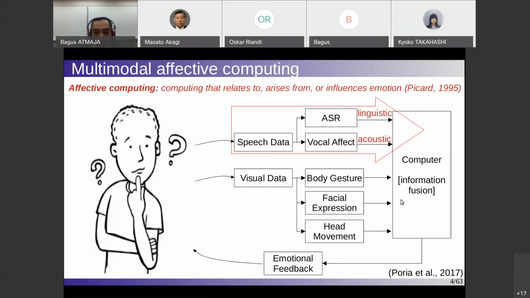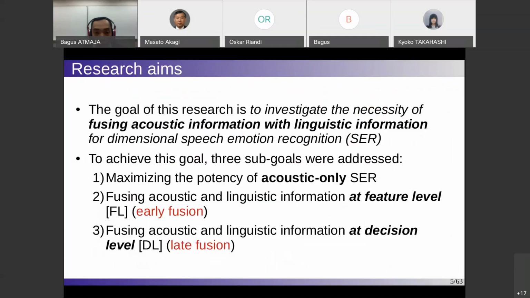From these two backgrounds, I defined my research goal as follows. The main goal is to investigate the necessity of fusing acoustic information with linguistic information for dimensional speech emotion recognition, or SER. To achieve this main goal, I addressed 3 sub-goals.